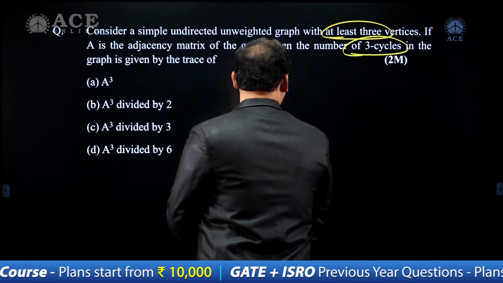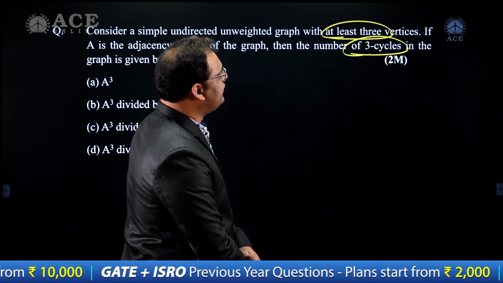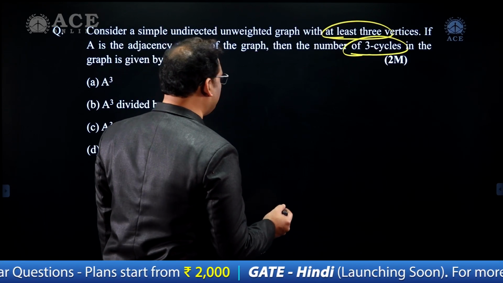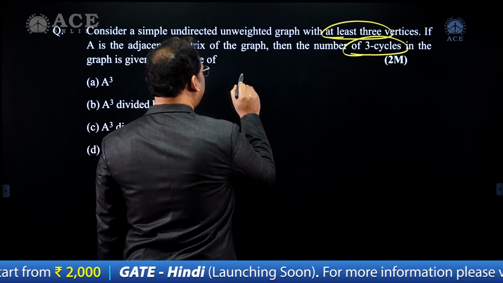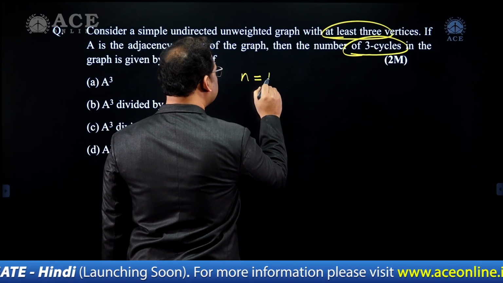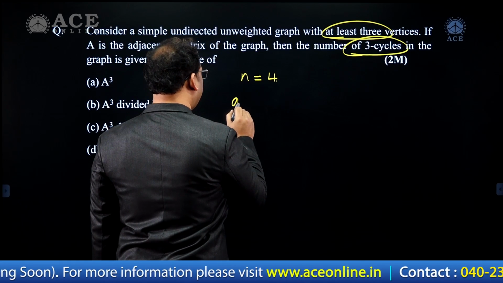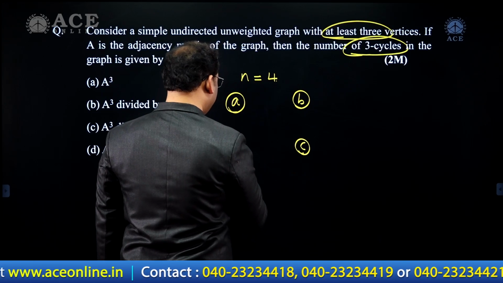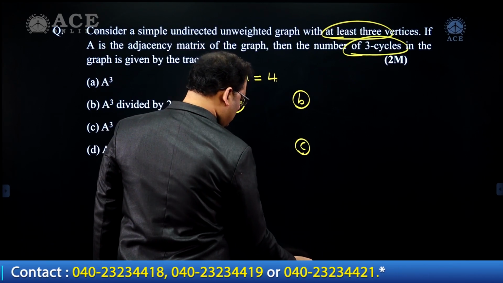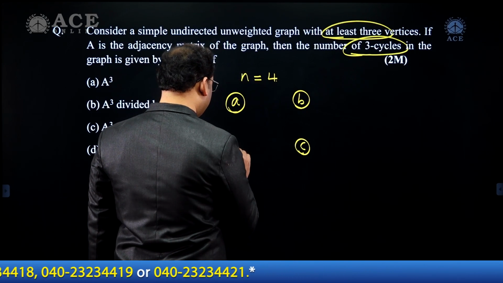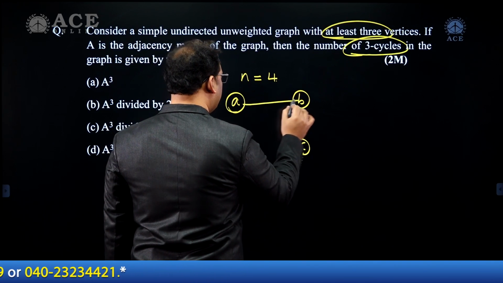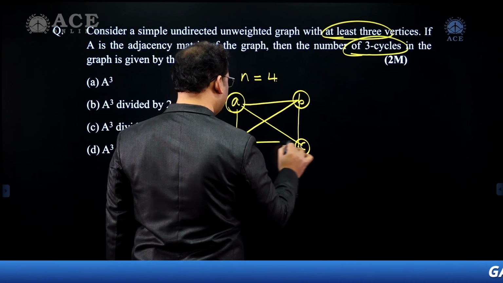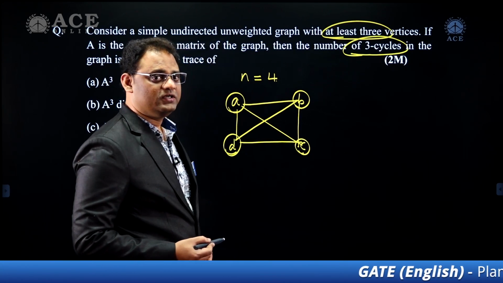Yes, sir. Here we can take the minimum number of vertices is 3. So you can take 3 or 4, no problem at all. So I want to take 4 vertices to elaborate this question. So let me take 4 vertices. I want to take K4, A to all, B to all, C to all like, right?